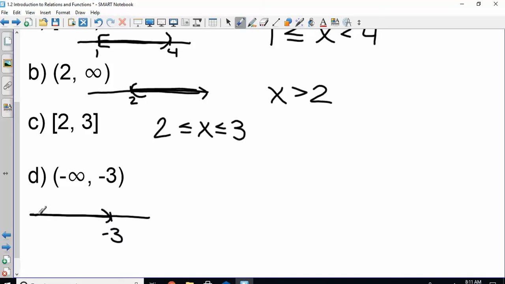So what that's saying is you had everything in the negative direction. We had all those numbers. How would we describe that? Yep. No equal to because we don't have a bracket. Any questions on that one?